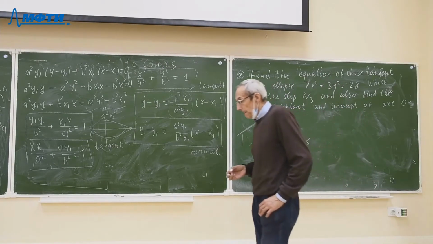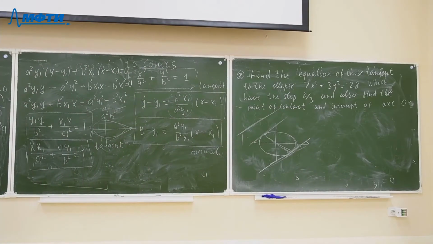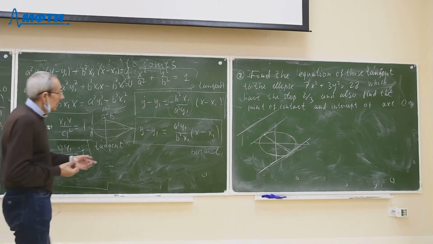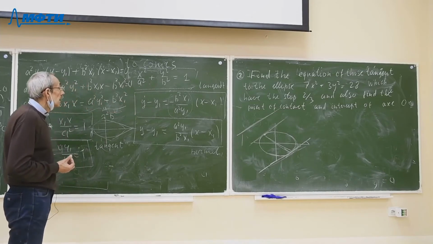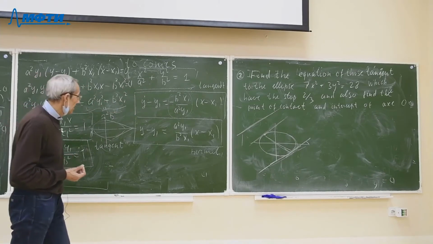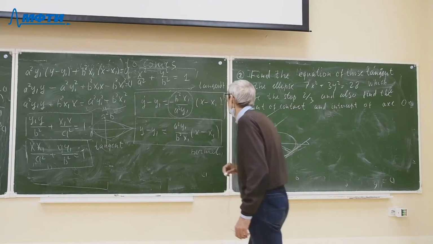How to obtain this point of contact, and how to obtain the equation of the tangents? We have the expression for the slope.